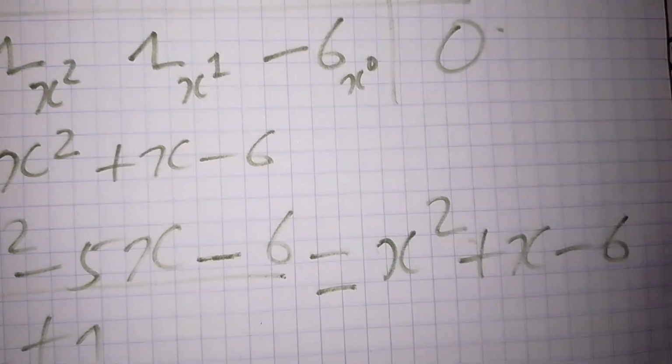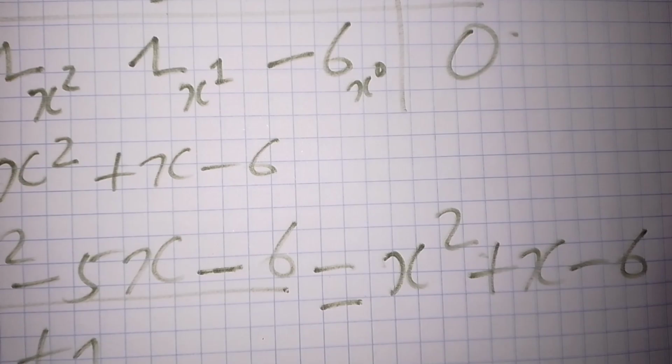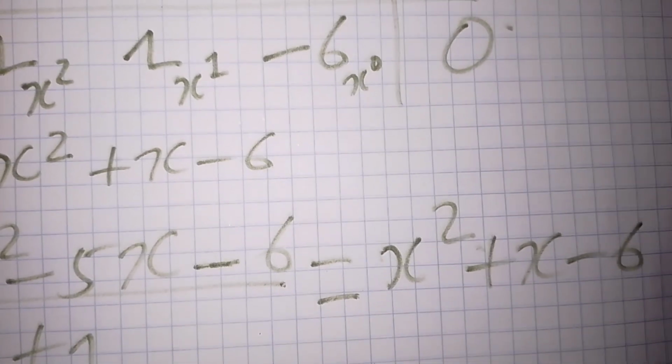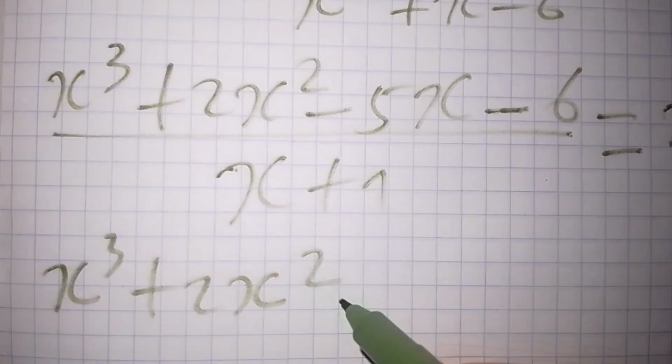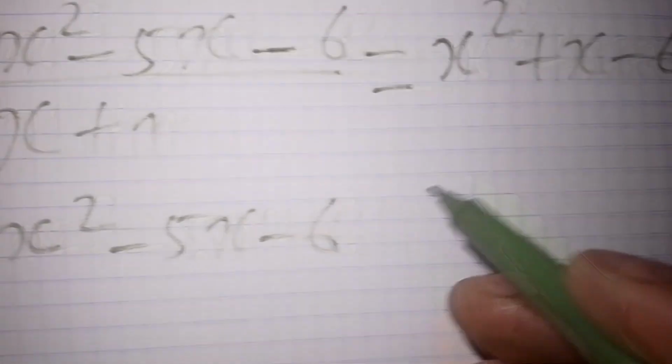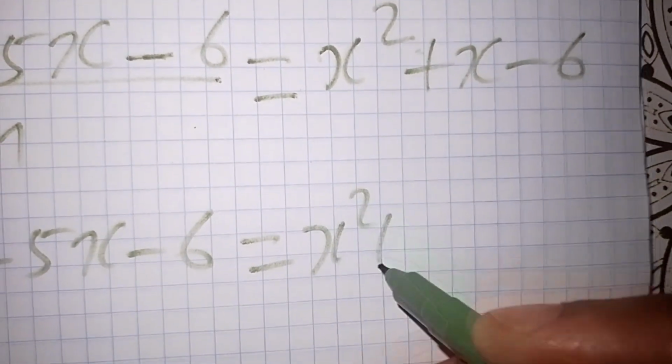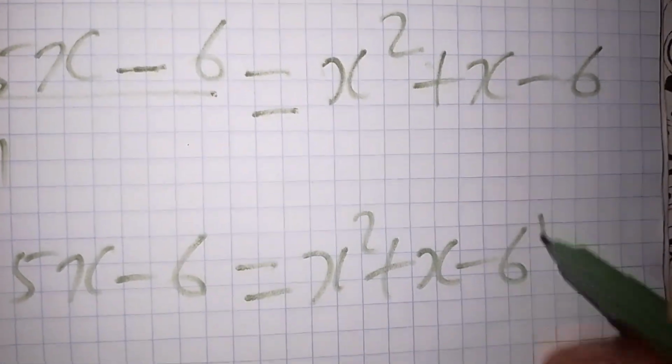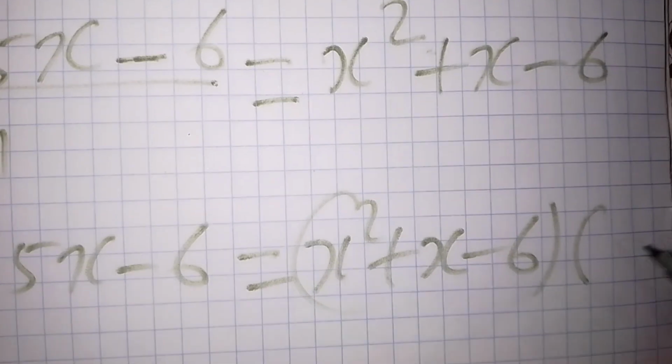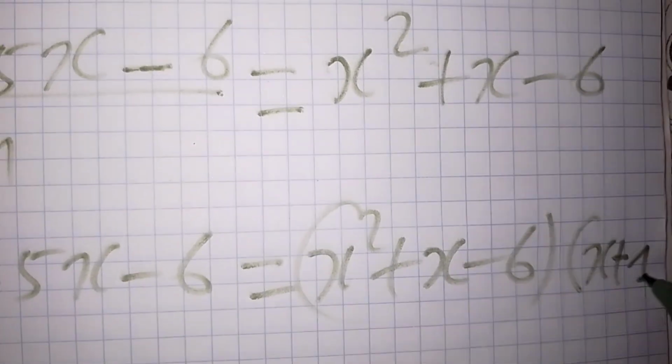So now x cubed plus 2x squared minus 5x minus 6 equals x squared plus x minus 6 times x plus 1.